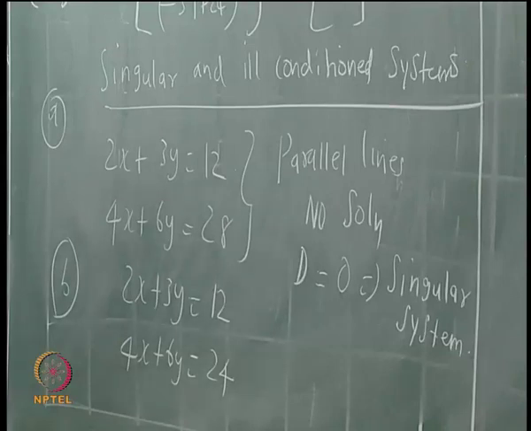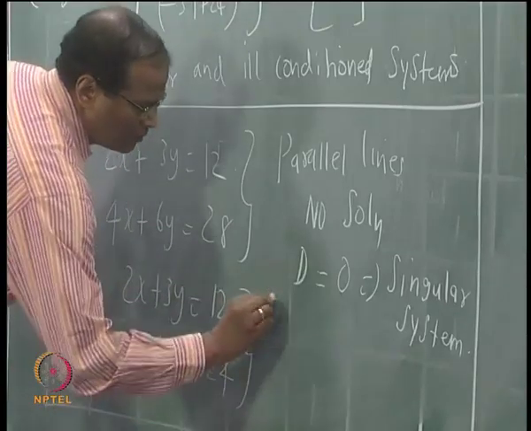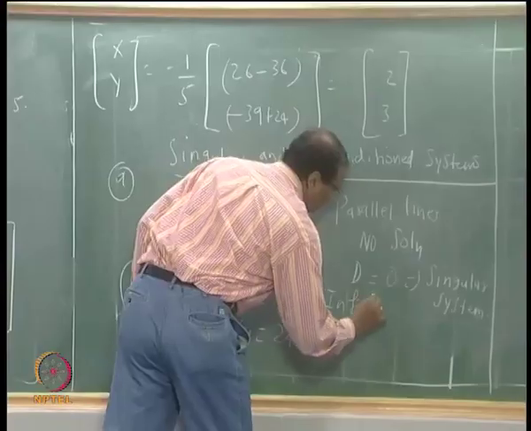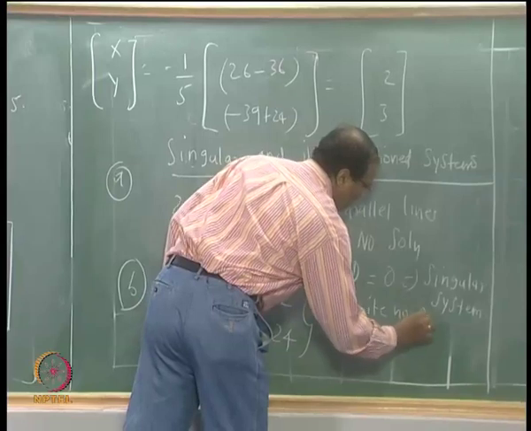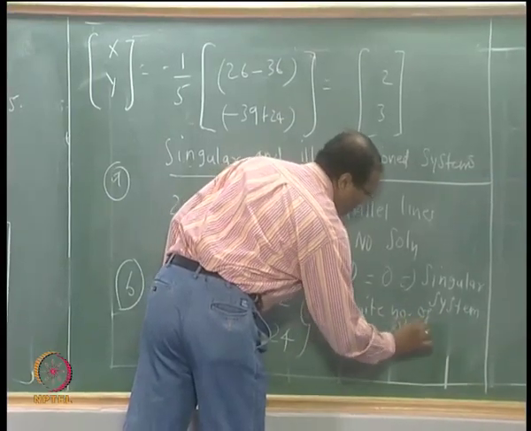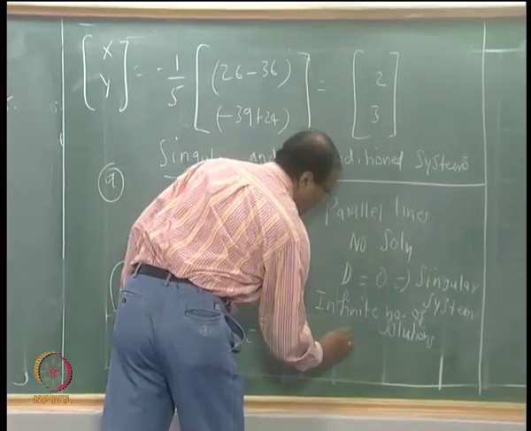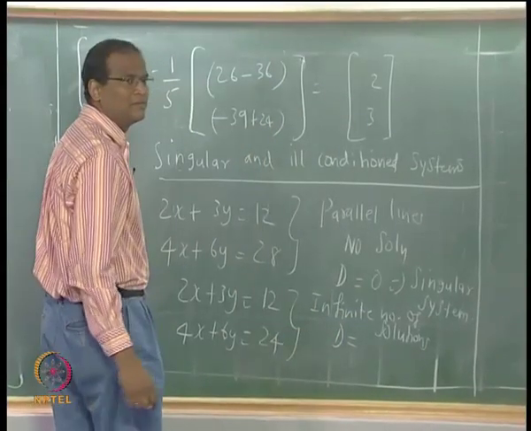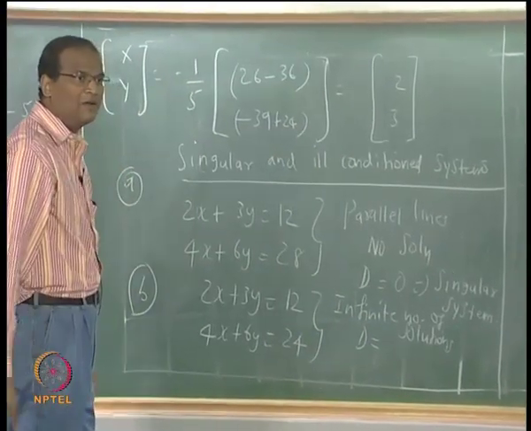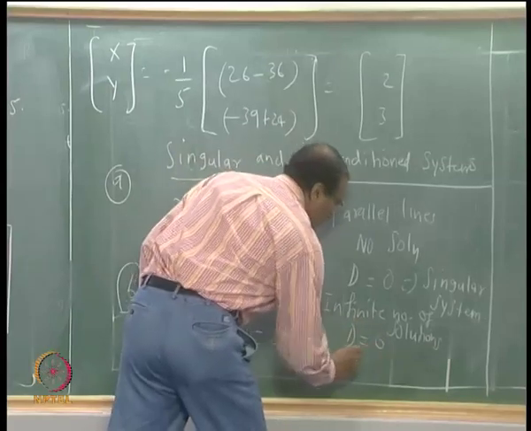They are the same, therefore infinite number of solutions. D is equal to 0. This is also a singular system.